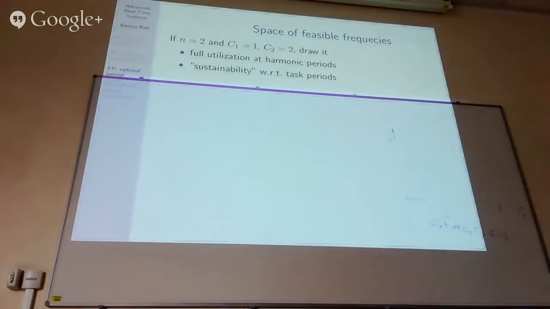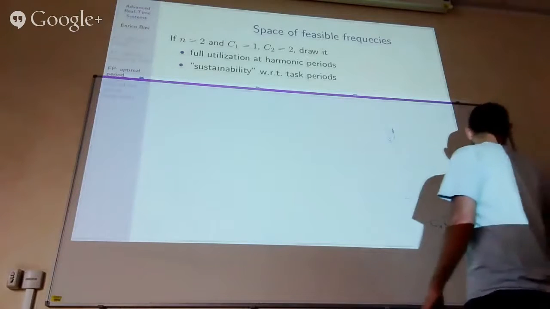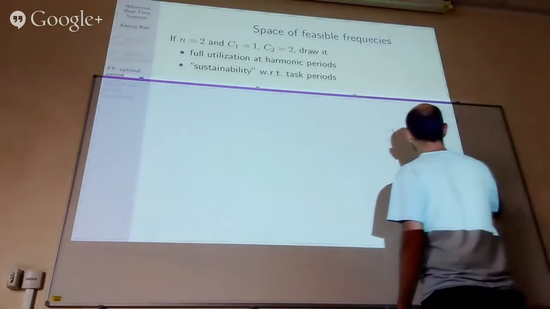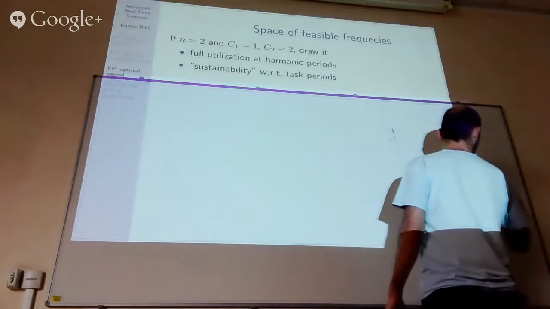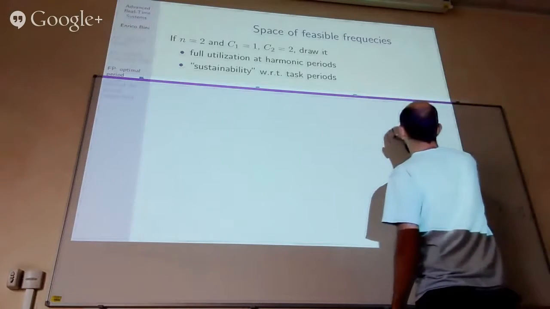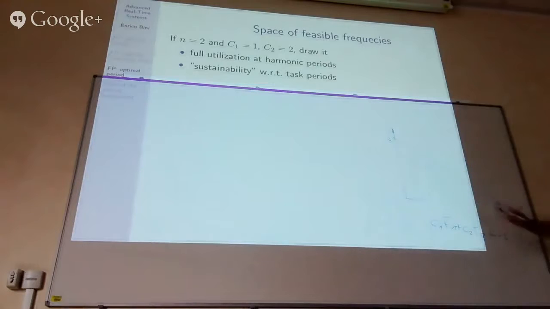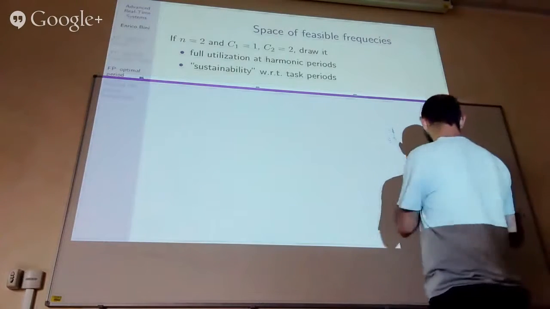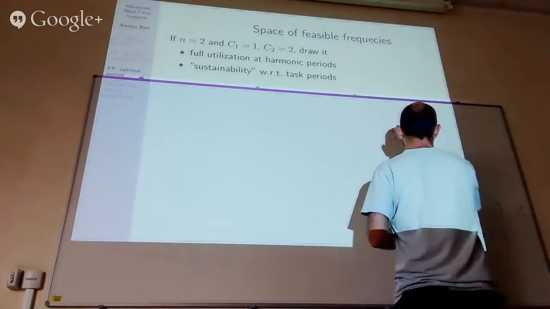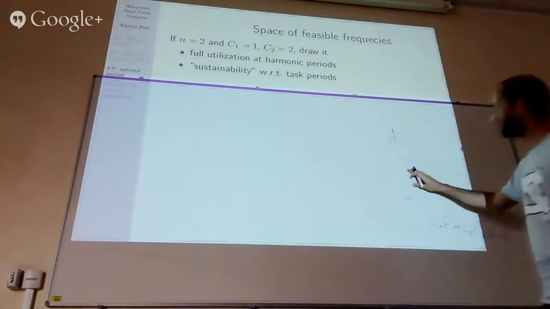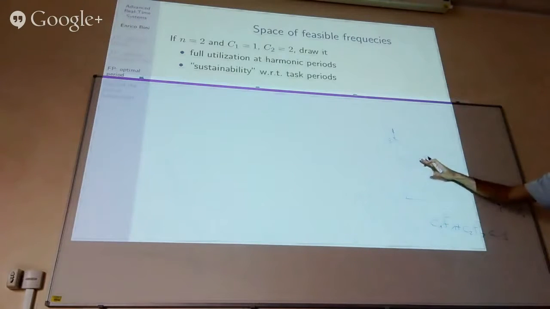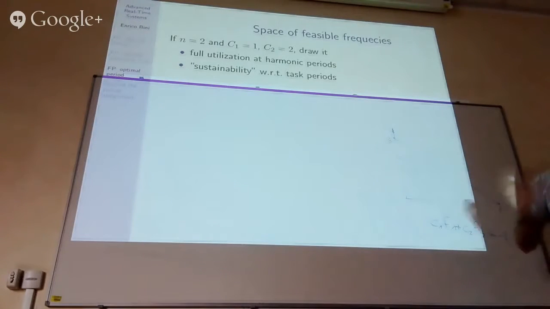With those values, C1 equal to 1 and C2 equal to 2, this region is like this. So no matter what, it has to be inside here, because this is EDF. Then of course, here we have Liu and Layland. So it must be a subset of EDF, but it must be a superset of Liu and Layland. This is obvious, right?